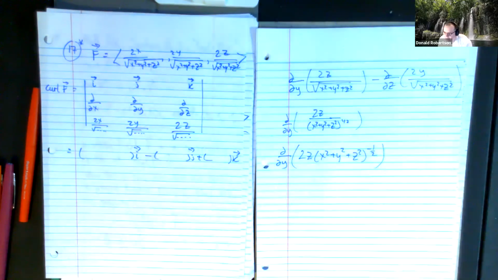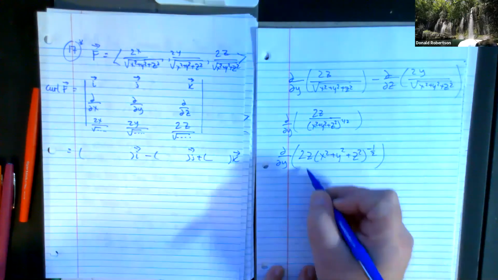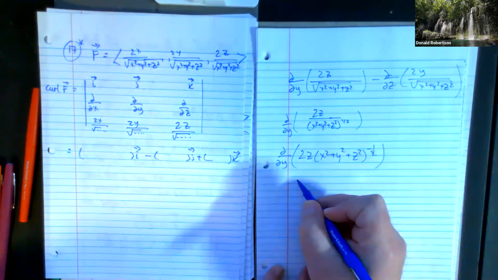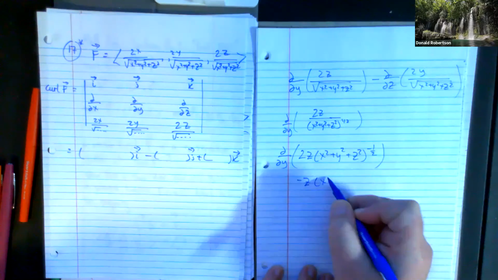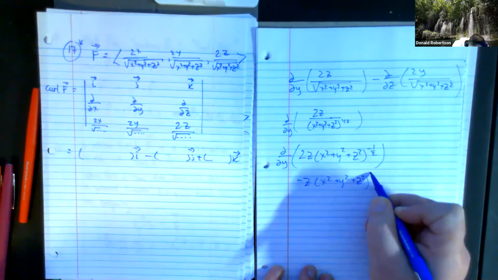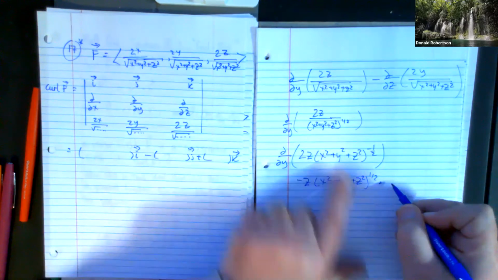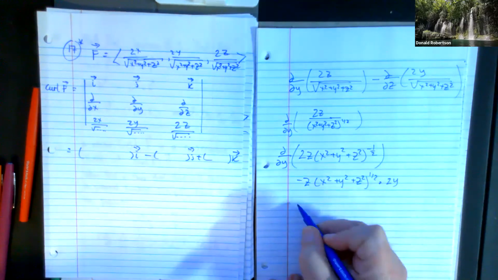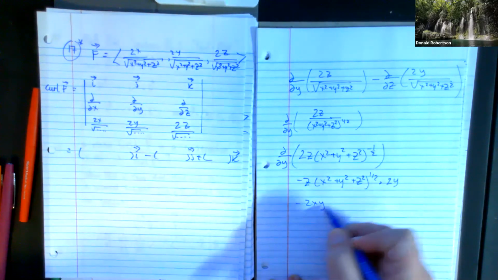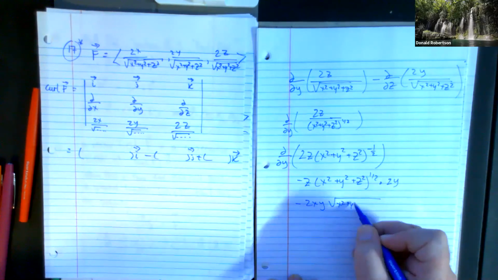Great. So you multiply it, and what do you get? This guy times negative half gets you negative z. You have x squared plus y squared plus z squared to the power of half, times the derivative, which gets you a 2y. And so you get negative 2xy, essentially the square root of x squared plus y squared plus z squared. That's the first guy.